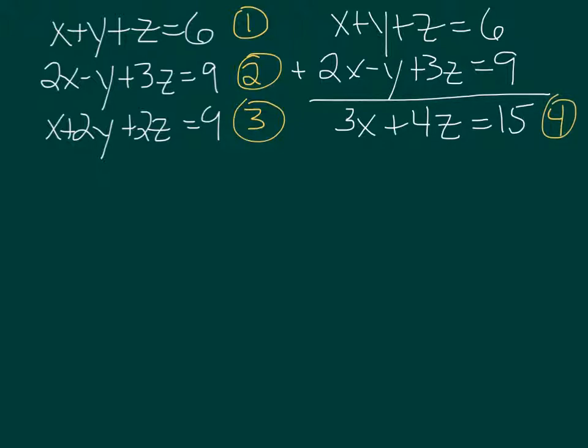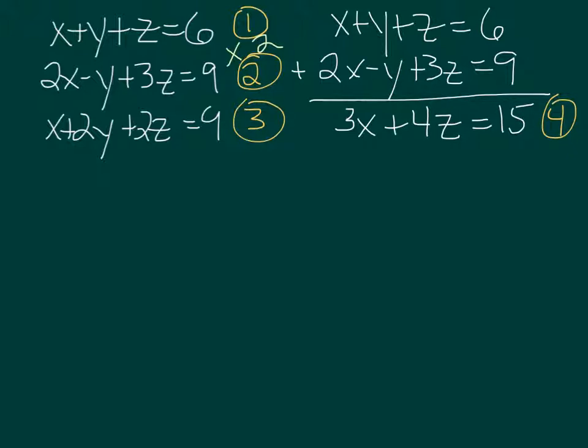Now we're going to have to use the third one, and we can use either the first or second one when we do that. I'm going to choose the second one because, again, the y has a negative in the second one and a positive in the third one. I'm going to end up multiplying the second one by 2, and make sure you do this step right.